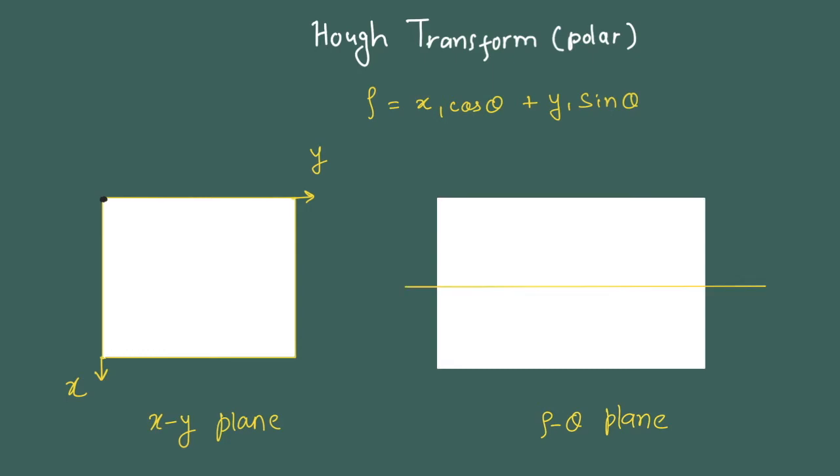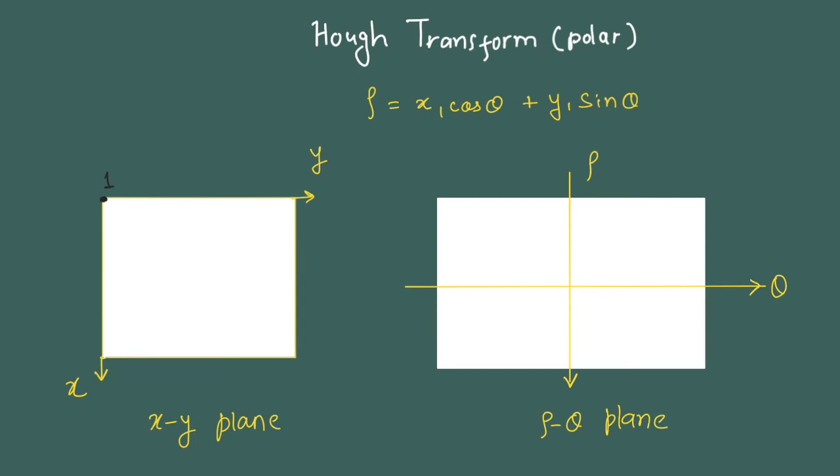This is theta and rho. Sorry. Here also rho's positive will come this side. Upper side would be negative. Now let us take our first point. Point number 1. How will this point translate into rho theta plane.